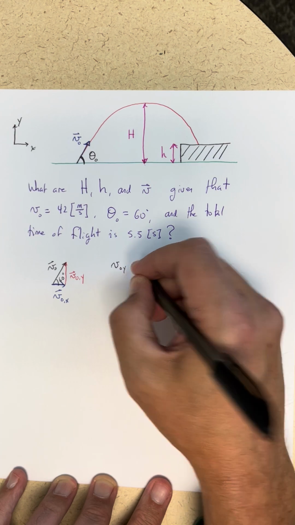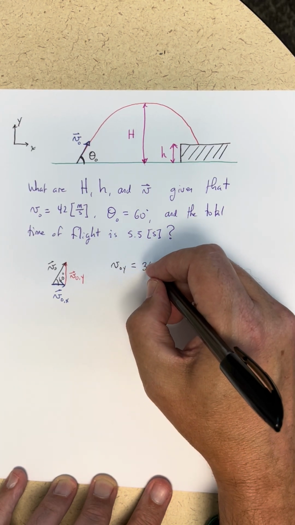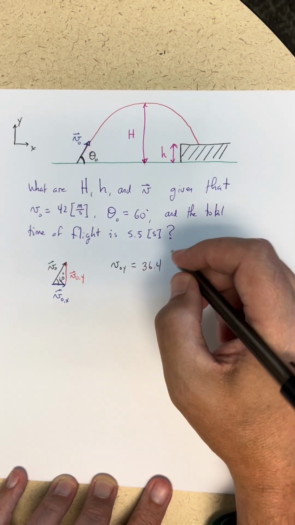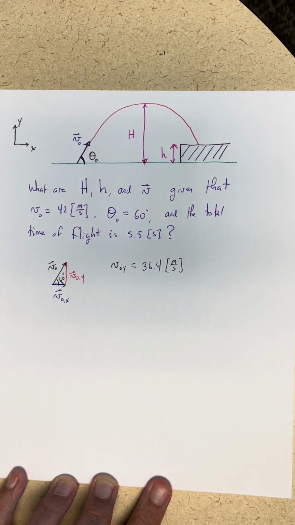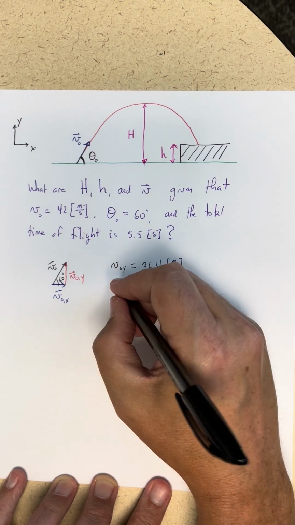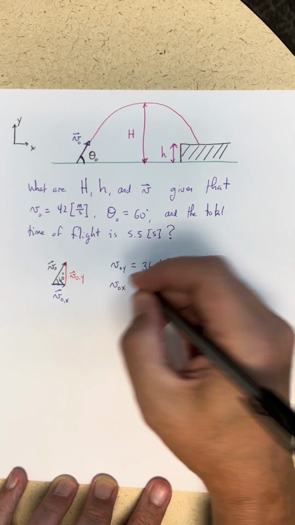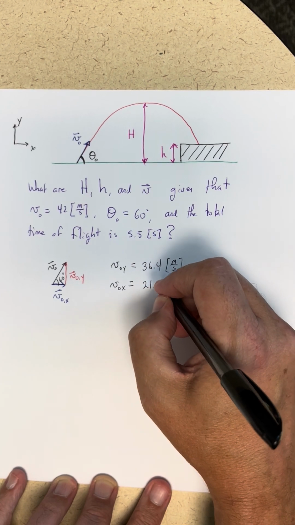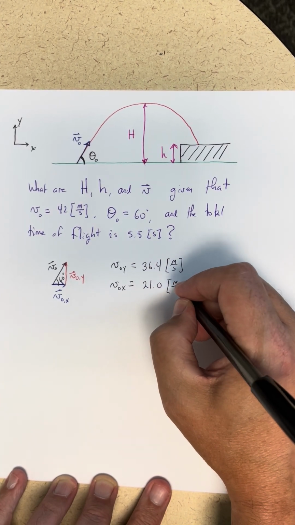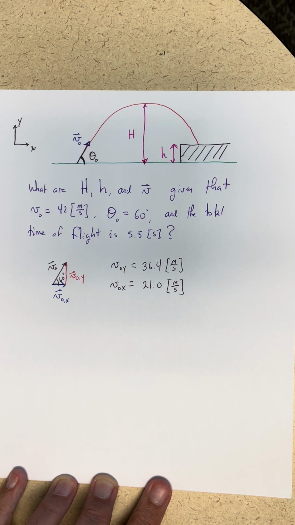So the y component, keeping 3 decimal places while we're working on things, 36.4 meters per second, and then the horizontal component works out to 21 meters per second, because it's a 1, √3, 2 right triangle.